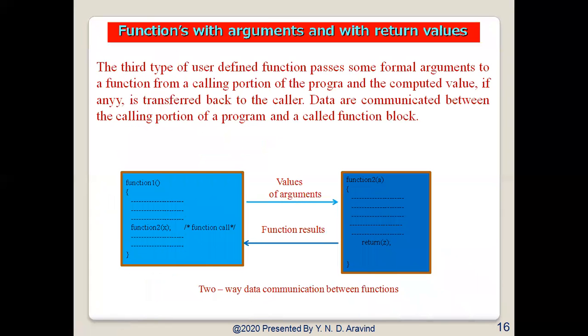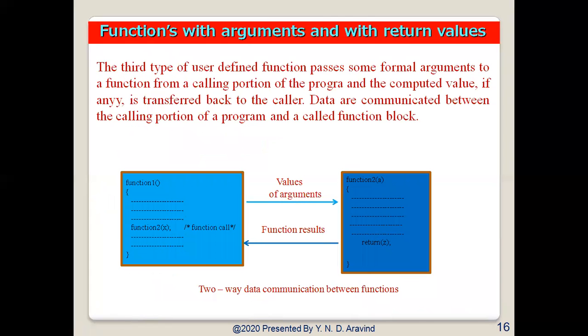Now let us see the third category, that is functions with arguments and with return type. It is a two-way communication. We are going to send the input, at the same time we are going to get the output. So the calling function will call the function with arguments, and the called function will return the value.